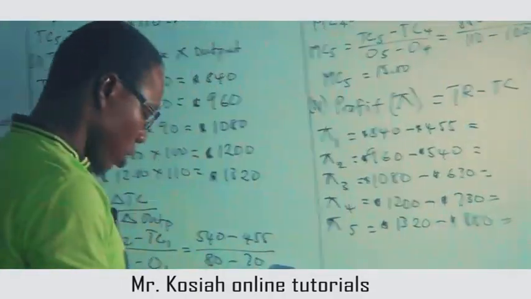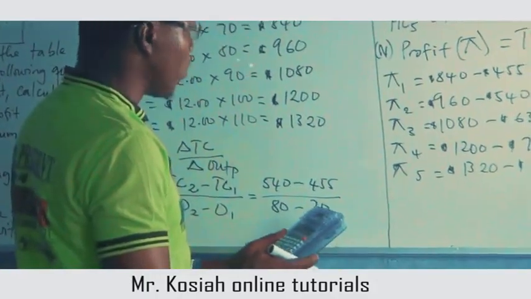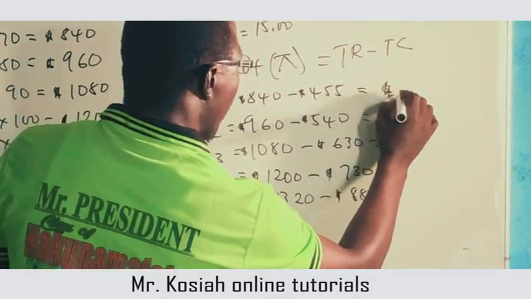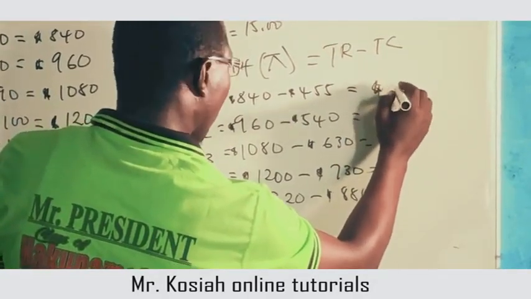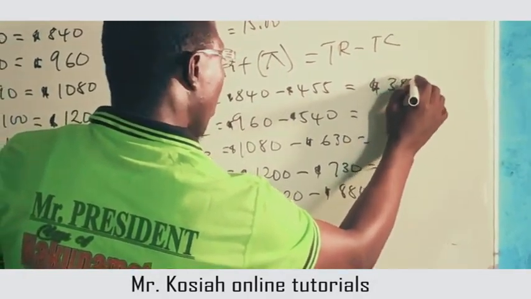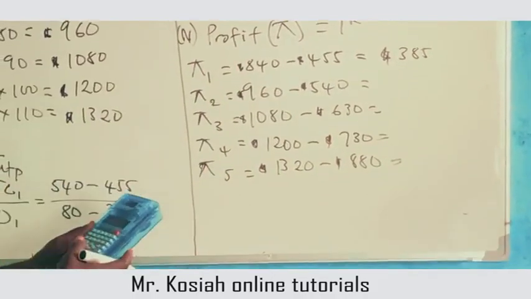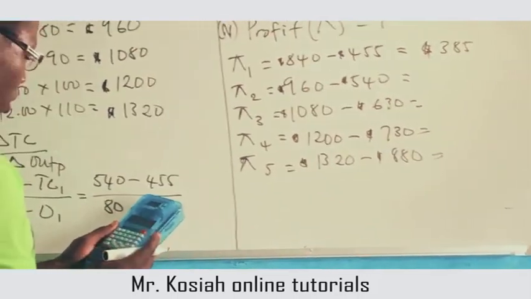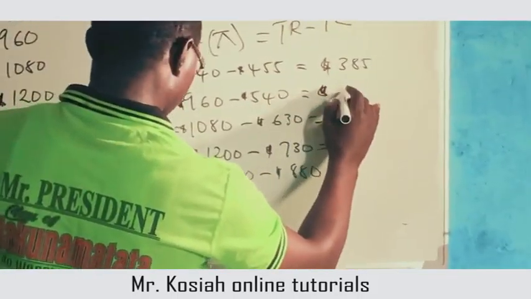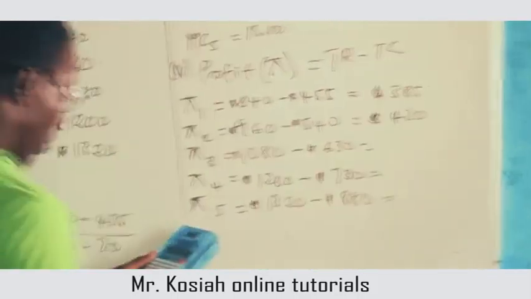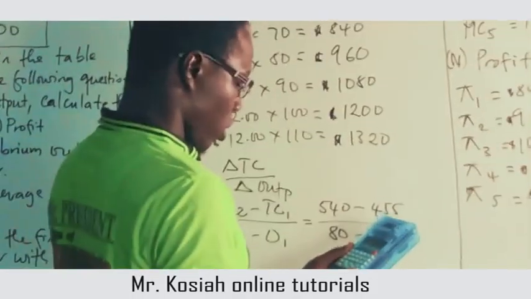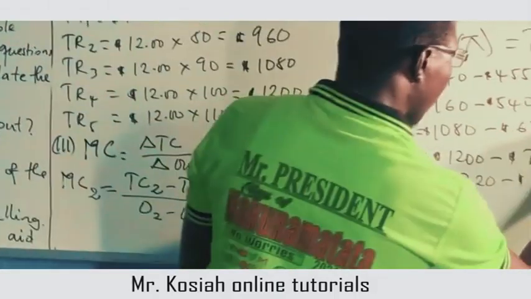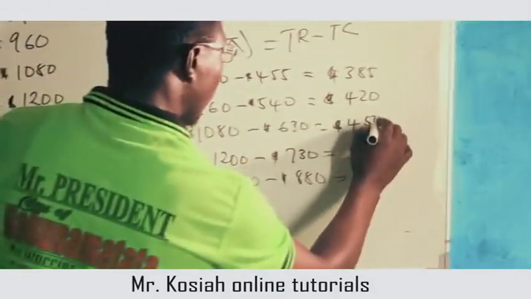We subtract 840 minus 555, automatically we are maximizing at this output, $385. So here will be 960 minus 540. We are maximizing 420 here. So 1080 minus 630, we are maximizing 450.